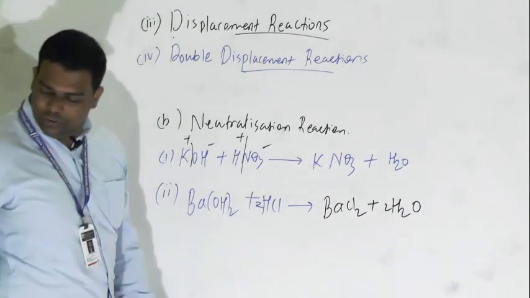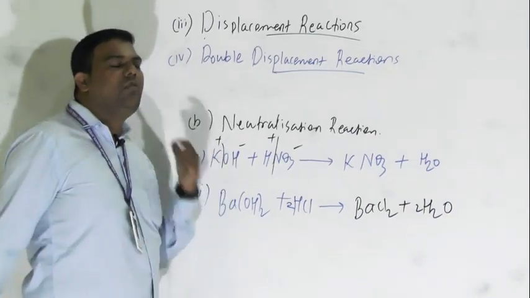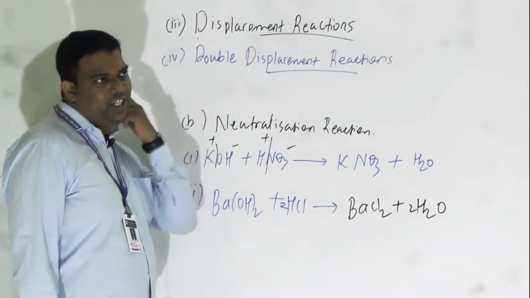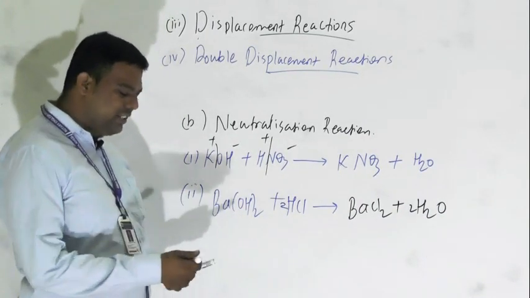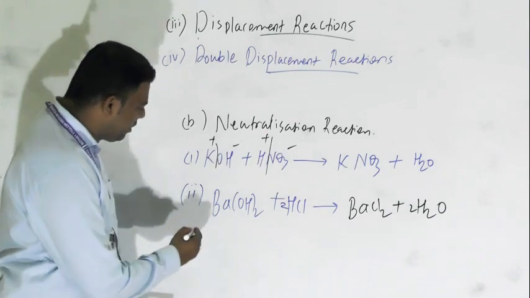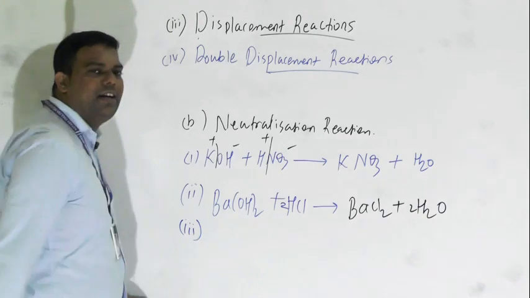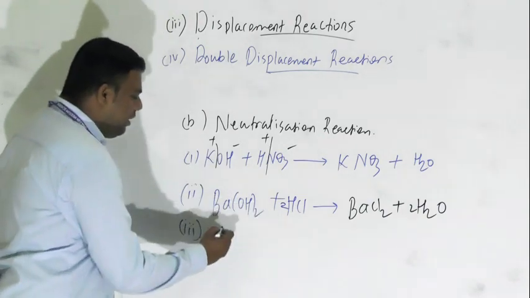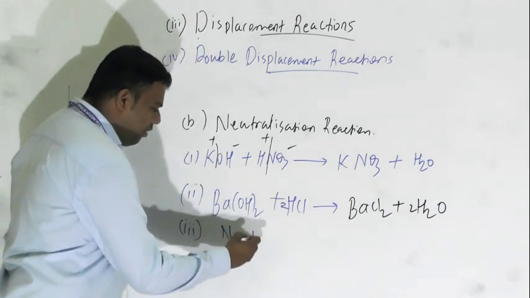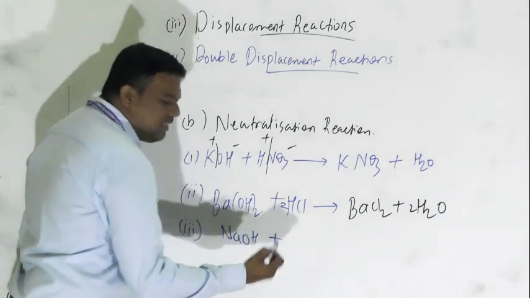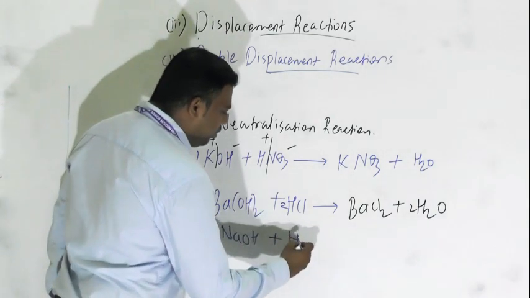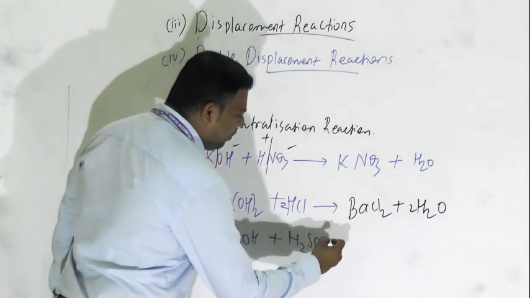Now we will see our next reaction, that is base with acid. We take a strong acid and strong base here. Third one, your third reaction: NaOH, strong base, plus H2SO4.